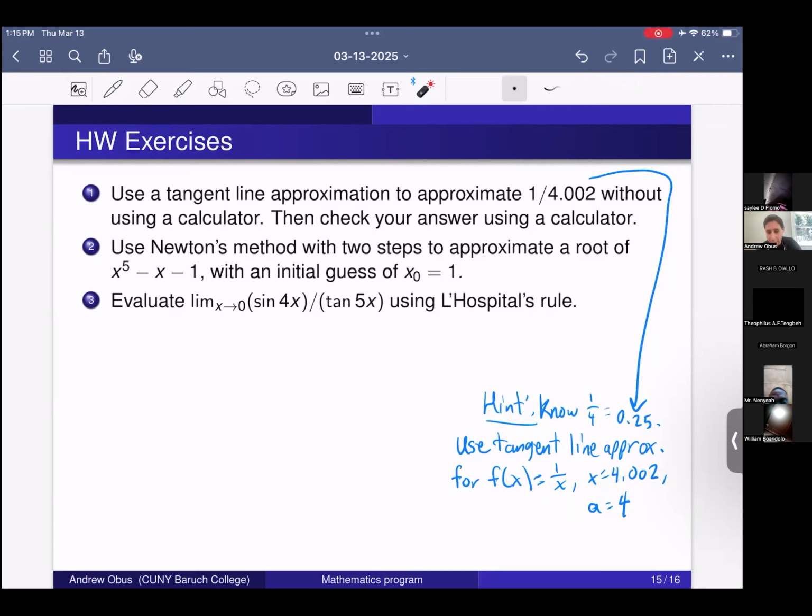You can do that completely by hand, without having to do long division or any horrible thing like that. Okay, so this is just a hint for one of the homework exercises that also uses these tangent line approximations.